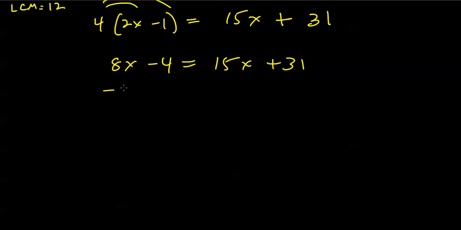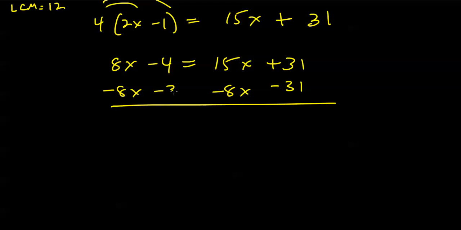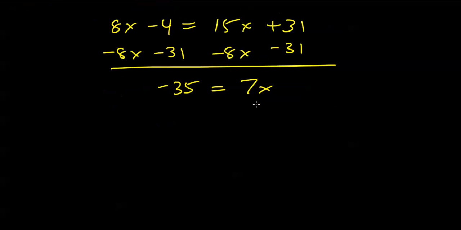I would probably subtract 8x from both sides. That will put my variable residue on the right. And if I'm going to do that, I would probably subtract 31 from both sides. And that results in a negative 35 on the left-hand side and a positive 7x on the right-hand side.